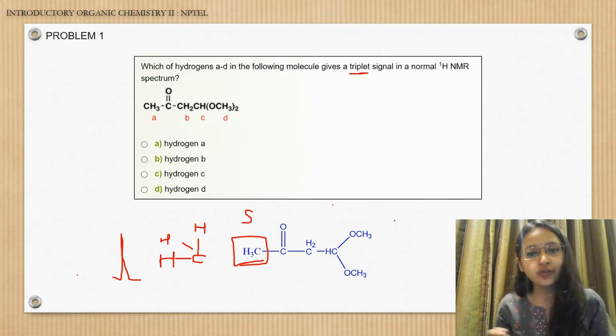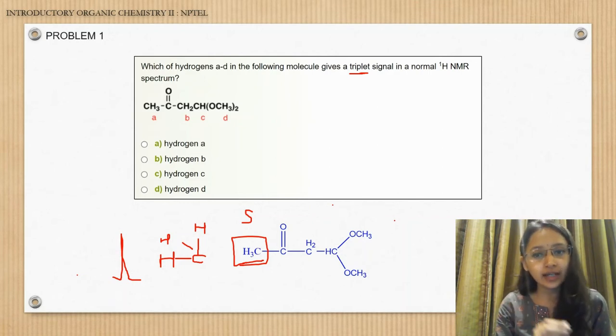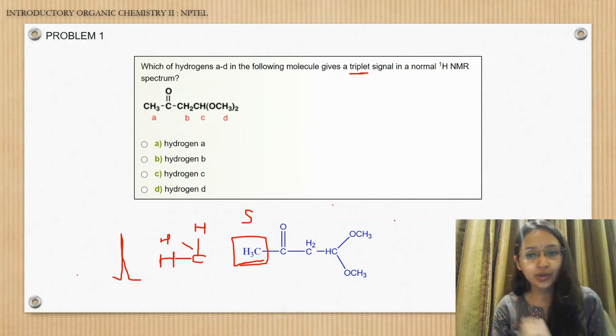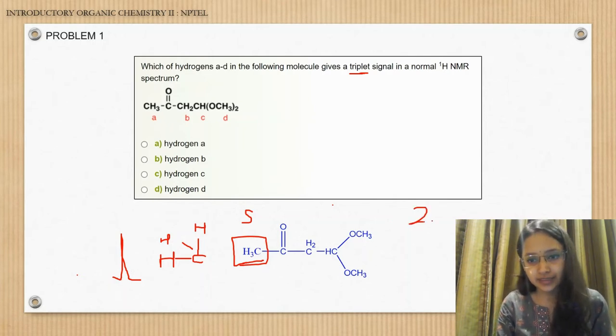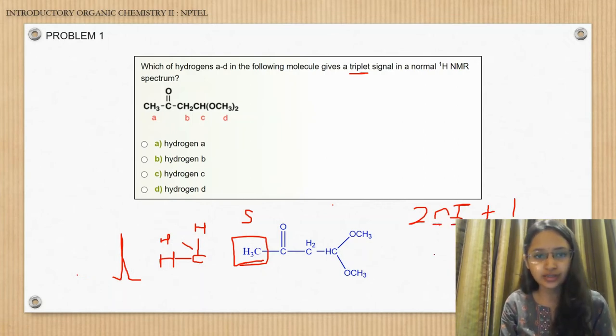Here I is the spin number and n is the number of hydrogens present in the vicinity.